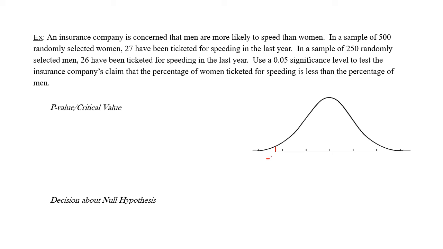So maybe we're out there, negative 2.518. The p-value that we compute would be the area below that test statistic, because in this case, remember, we're doing a left tail. And the p-value that we get was 0.00588.